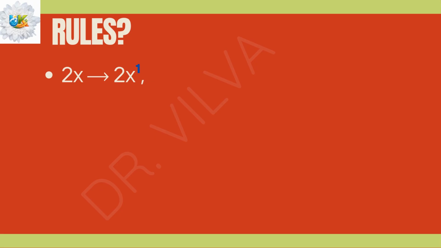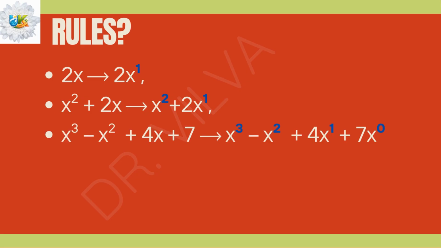In the first example, 2x, the exponent is 1. Our second example is x square plus 2x. The exponents are 2 and 1. In the third example, the exponents are 3, 2, 1, and for the constant we can write it as 7 times x power 0.